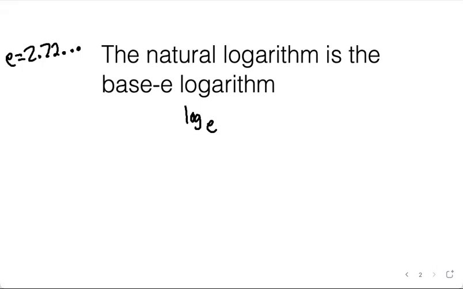So, for example, if you have money in the bank and it's growing because of interest, and if it's compounded continuously, then that's an example of where the natural logarithm would be really important.